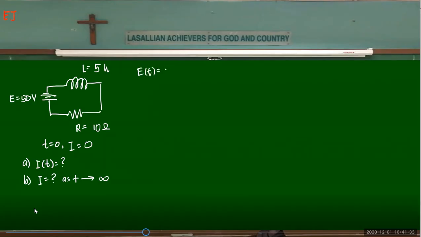E as a function of t is EC plus ER plus EL. You know that EC should be 0. So that means this one is IR plus L di over dt is equal to E. Now, what are the constants that we can plug in? Is 50 all the time 50?